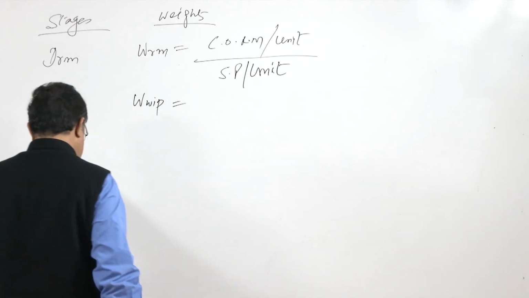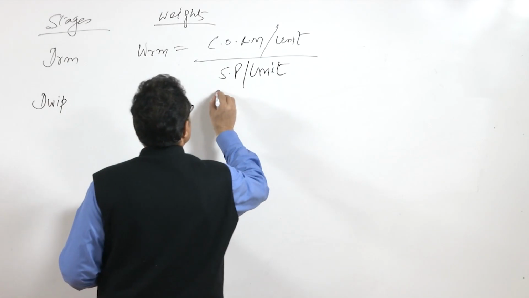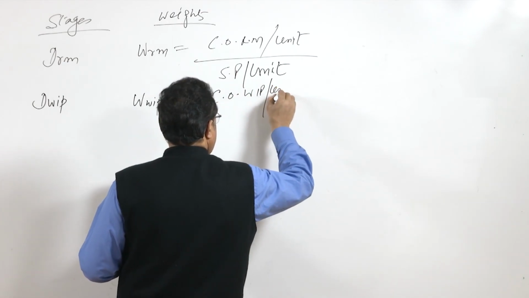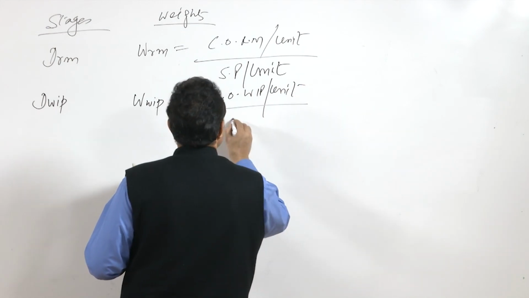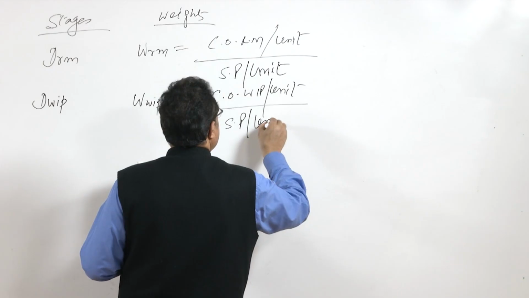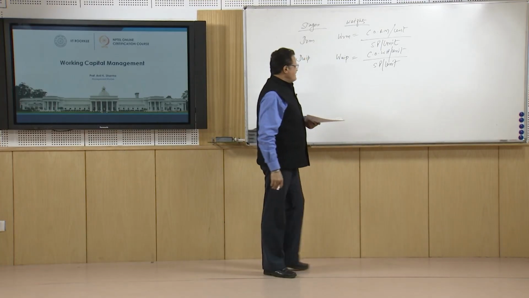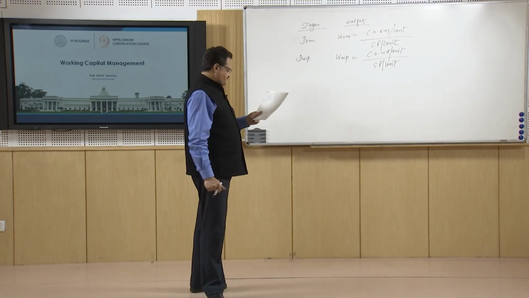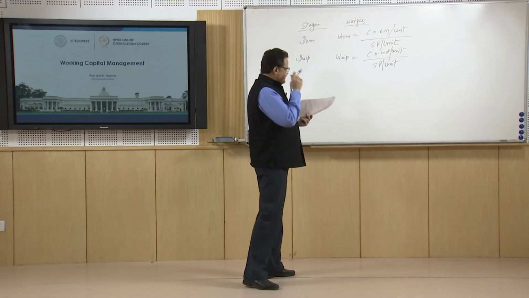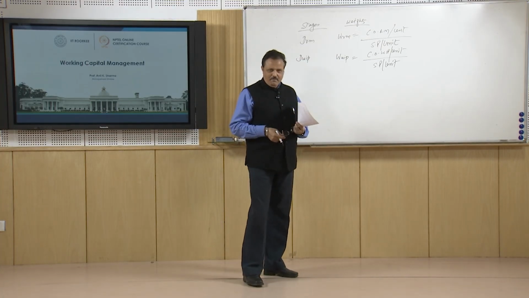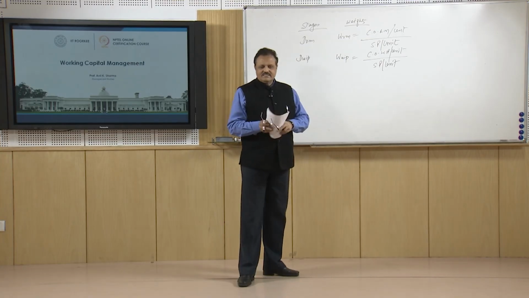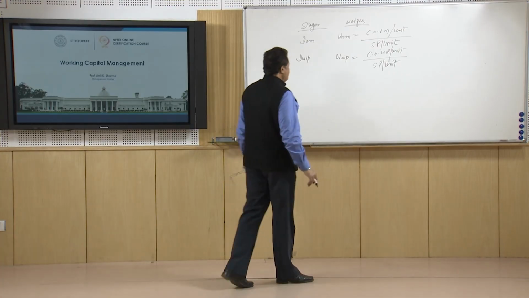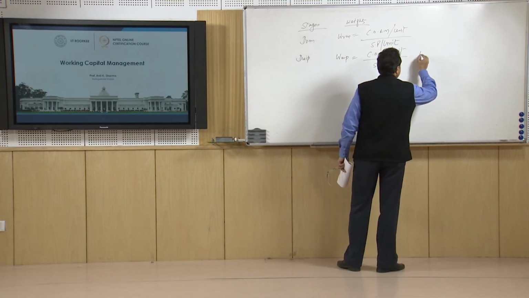For calculating this, we have to take the cost of WIP per unit divided by the selling price per unit, that is, the cost of work in process per unit divided by the selling price per unit. While calculating the cost of WIP, we use certain pre-decided proportions. WIP means work in process.